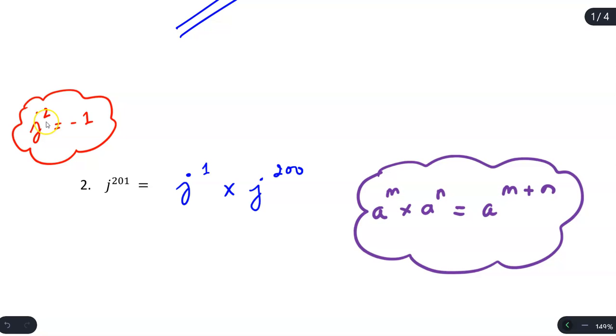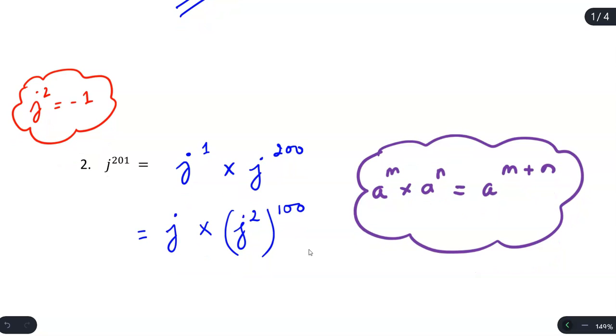The purpose is that I want to create an even exponent so that I can break that into j squared in the bracket with another exponent outside the bracket, so I can simplify j. So j raised to exponent 1 is just j. And this one, I will break into j squared raised to the exponent 100. Again, I repeat that formula. If I raise a power to an exponent, then I have to multiply the two powers.